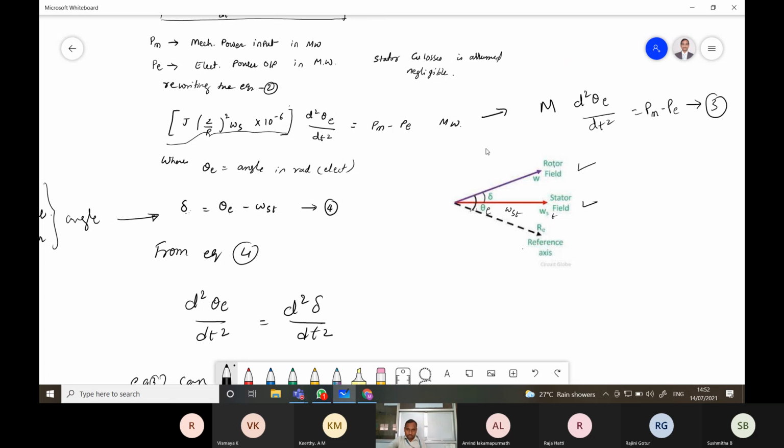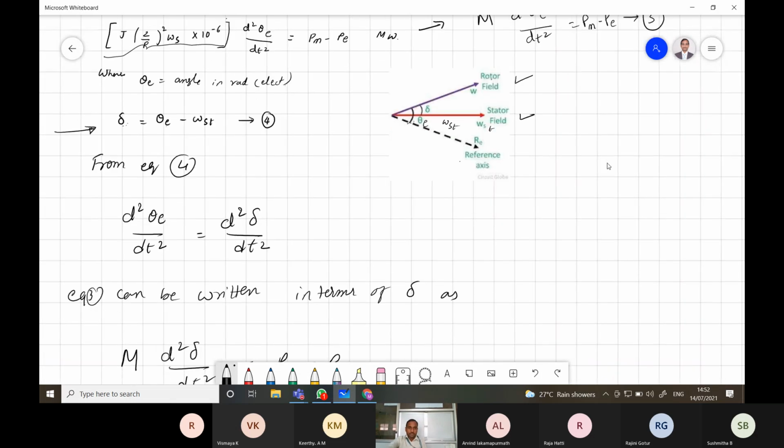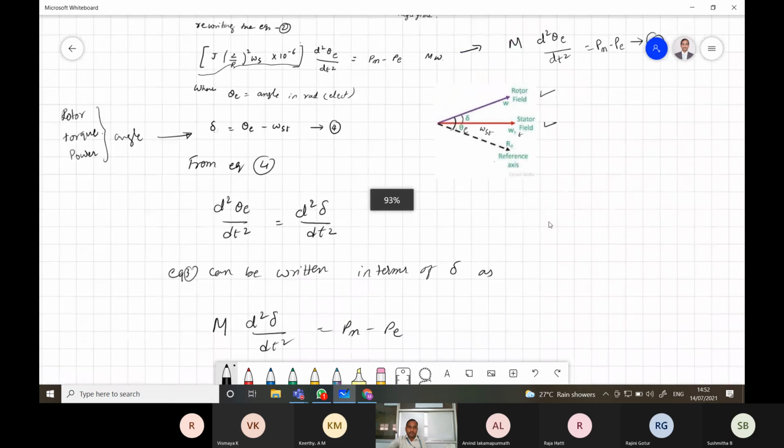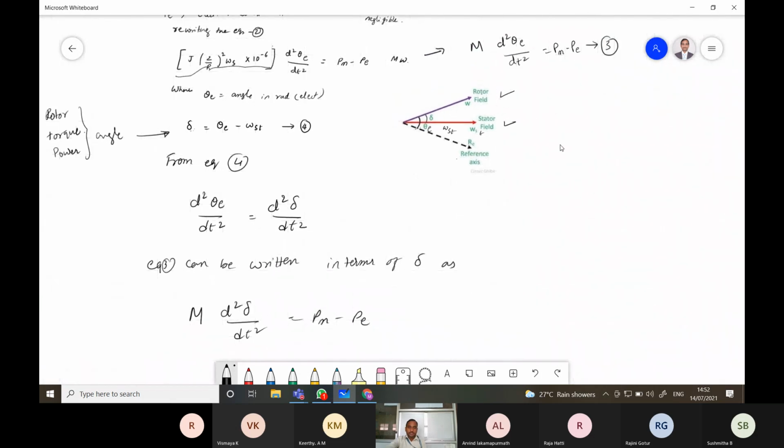So this equation number 3, we will write again as it is. In the place of theta e, we have written delta, since the small term minus omega s t is negligible. So delta is considered as theta e.